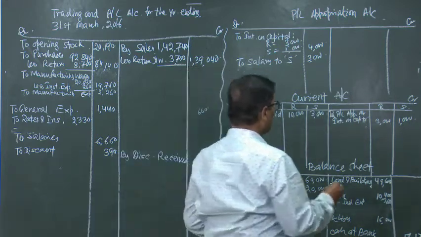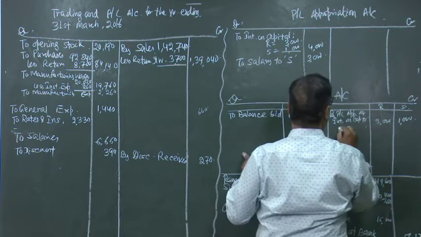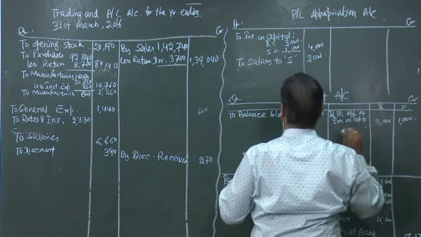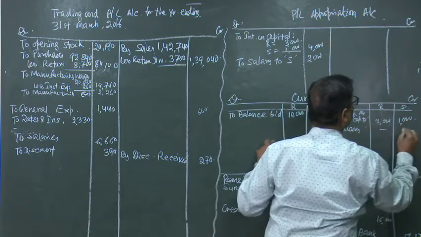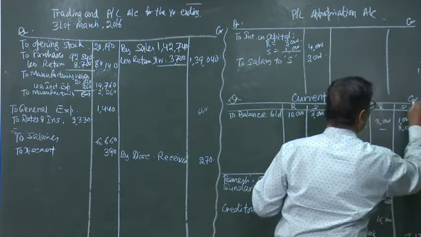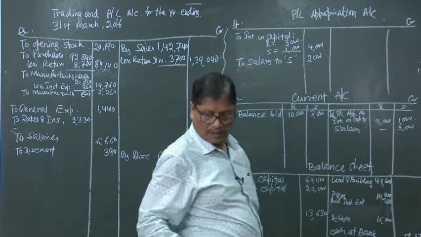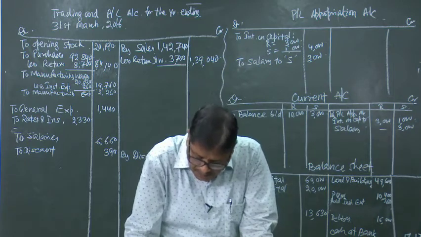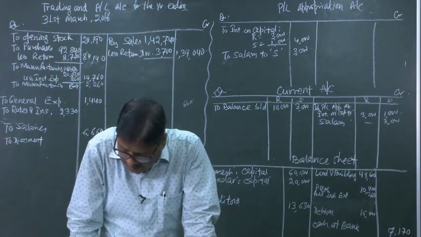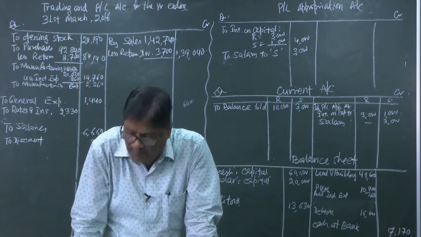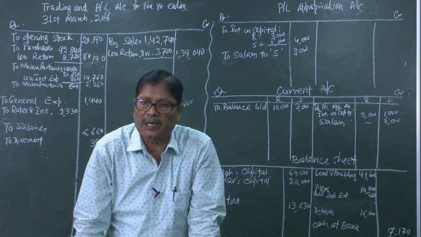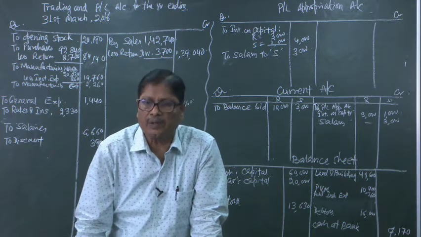So, we can write by profit and loss appropriation account salary only 3,000 in the Sundar's column, nothing in the Ramesh's column. Then the remaining net profit shall be divided in proportion to their capitals. The profit sharing ratio will be just 60,000 and 20,000, that is the ratio 6:2, or you can say 3:1.